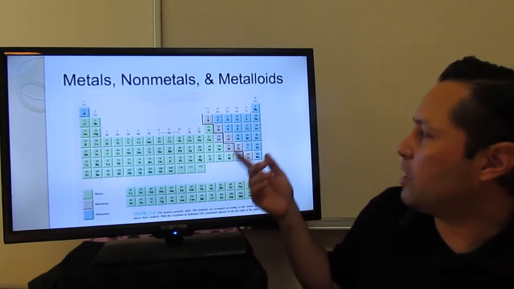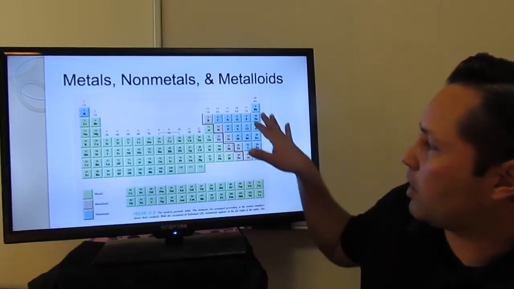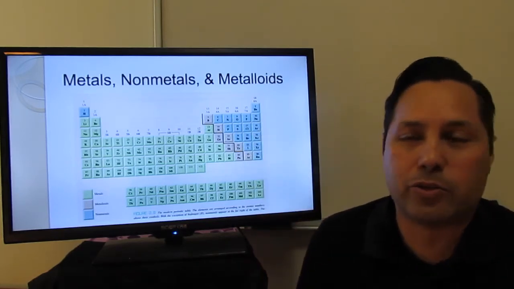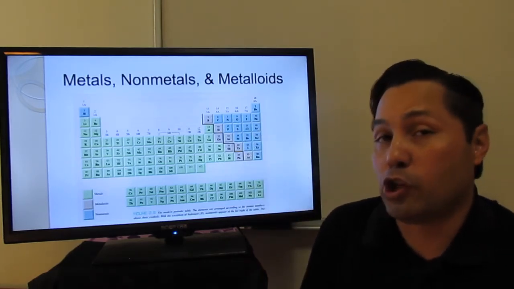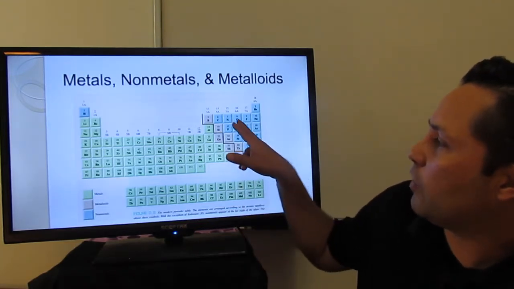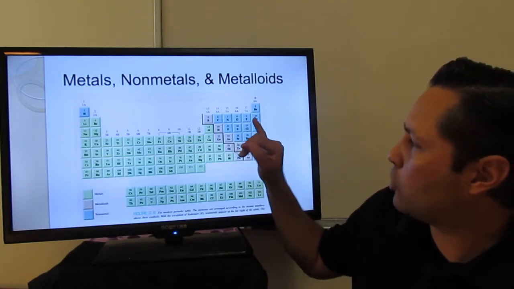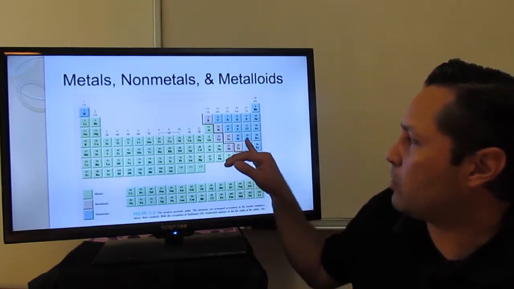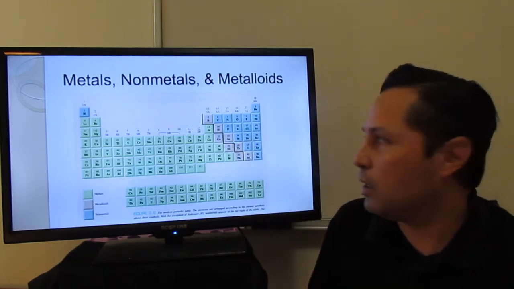On this side of the periodic table, you'll find nonmetals right here in blue. Nonmetals are elements that do not conduct electricity, and if they're solid, they tend to be brittle. That means they break easily. Alright, and you'll find elements like oxygen, fluorine, which you use in toothpaste, sulfur, iodine, and so on.